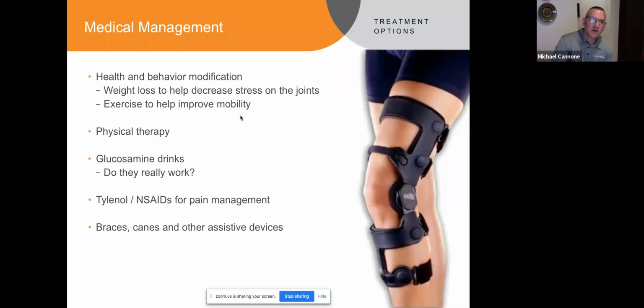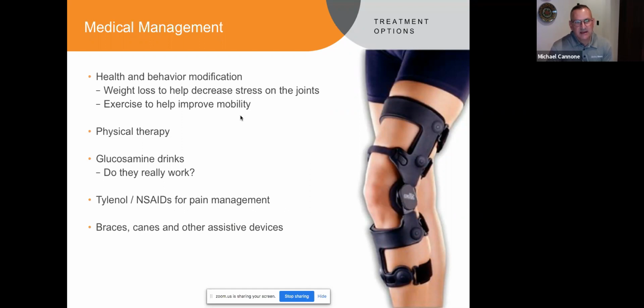So as far as medical management is concerned, we ordinarily direct you in that path first with behavior modification, weight loss. Obesity is one of the leading causes of arthritic joints in the United States and worldwide, but in the United States it's at epidemic levels.